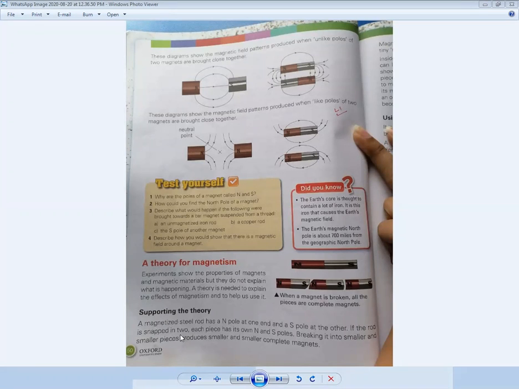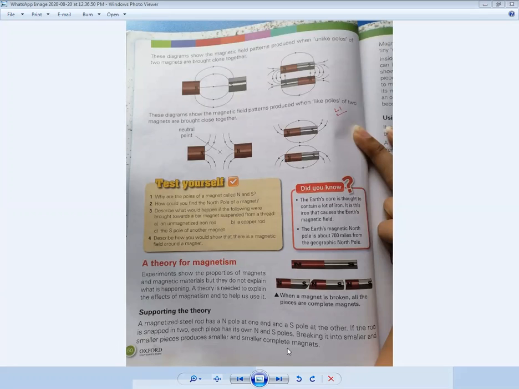If the rod is snapped into two pieces, what will happen? Each piece has its own north and south pole.